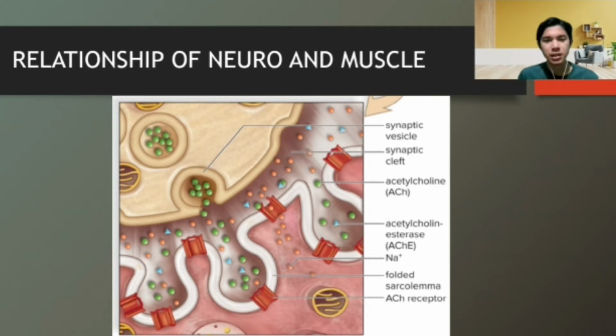In short, the synaptic vesicles will transport the acetylcholine, or ACh, from the axon terminal to the folded sarcolemma, and the acetylcholinesterase, or AChE, and also sodium ions are present in the synaptic cleft. And finally, on the surface of the folded sarcolemma are the ACh receptors.